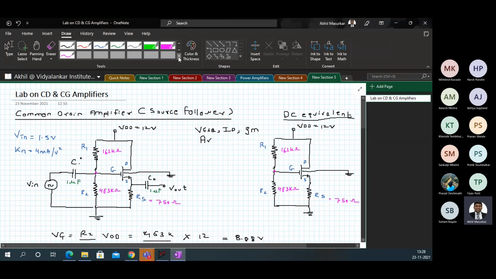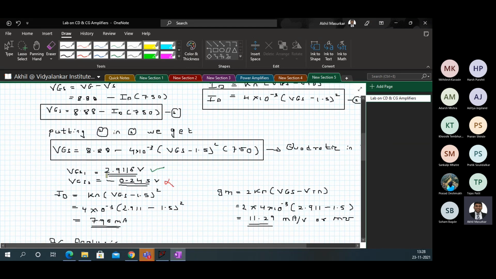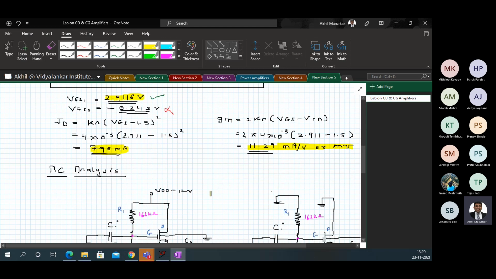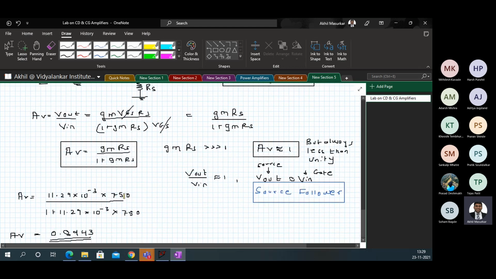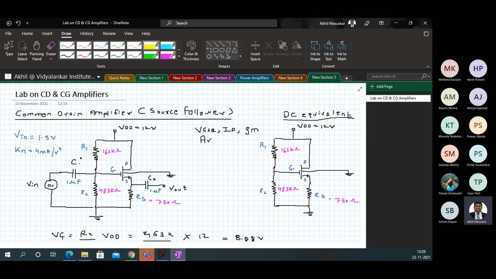What we did is we calculated VGS, then we calculated the value of ID, then we calculated GM, and then finally we did the AC analysis and calculated the value of gain AV. This is something that we need to see through the circuit of the common drain amplifier.